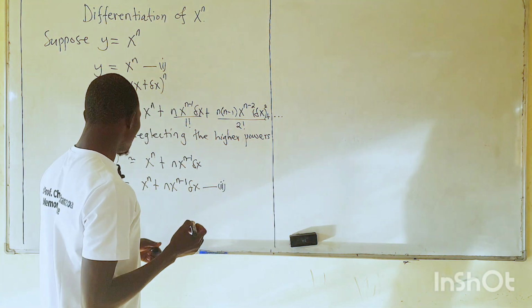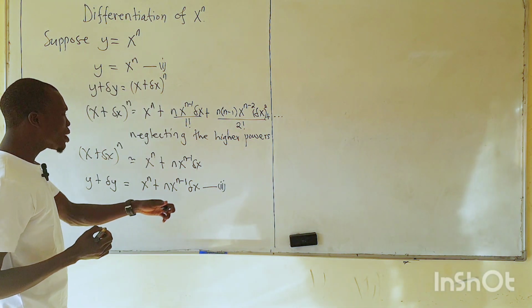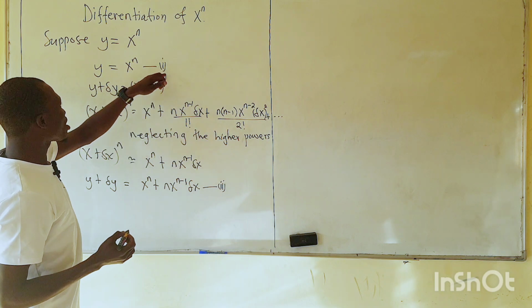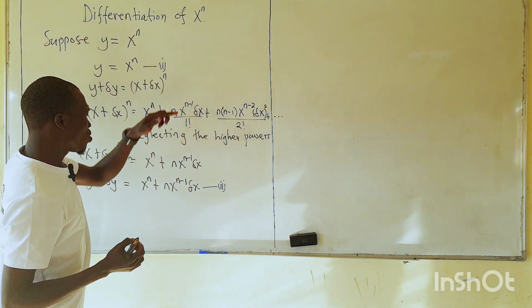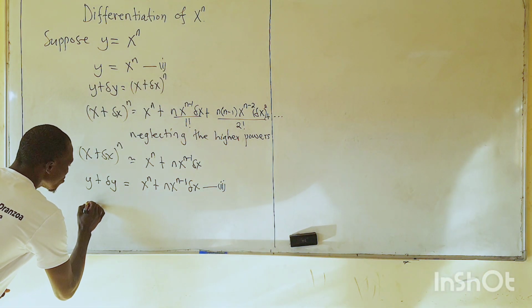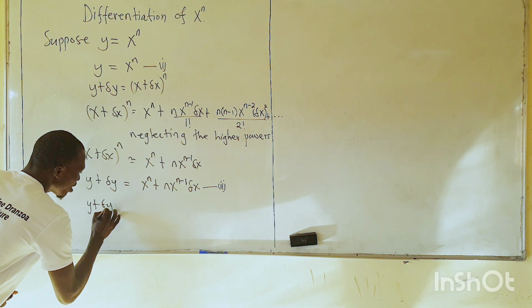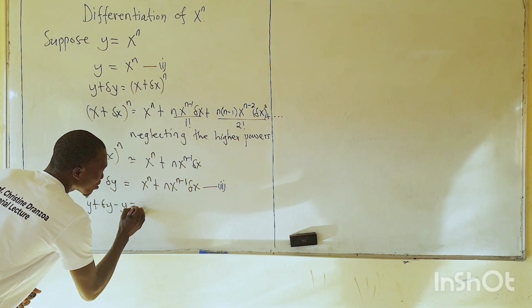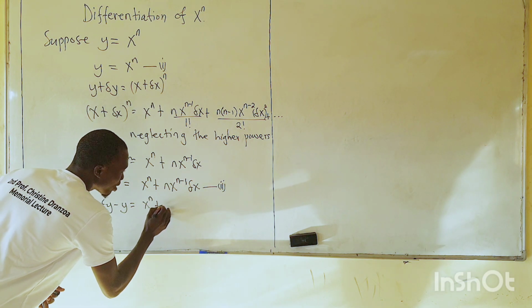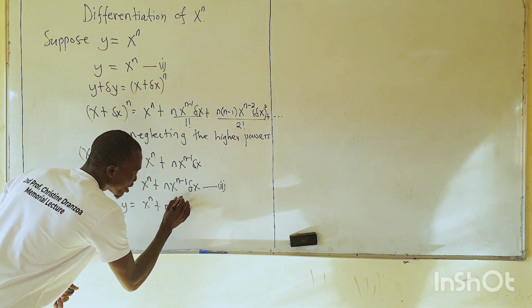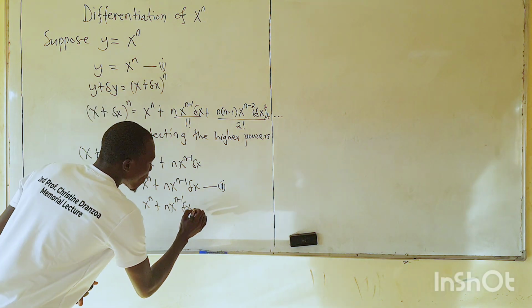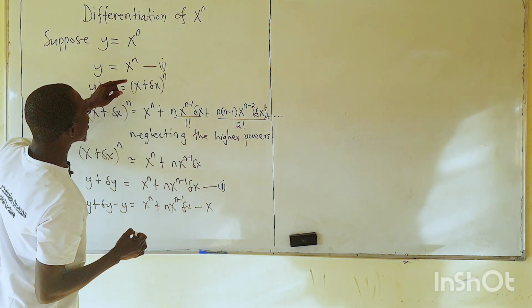So from there, we shall pick equation 2, then we subtract equation 1 from it. So we shall have y plus delta y minus y is equal to x^n plus n x^(n-1) delta x, then we subtract x^n.